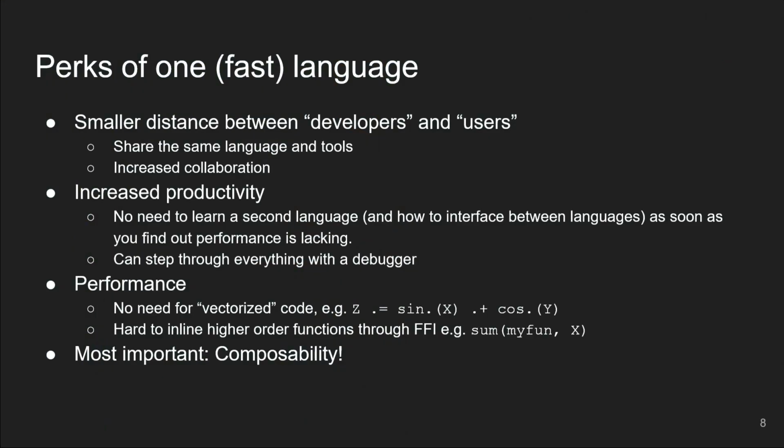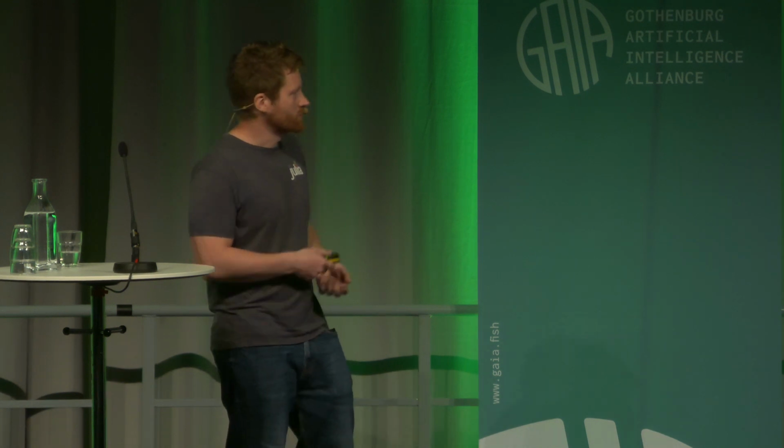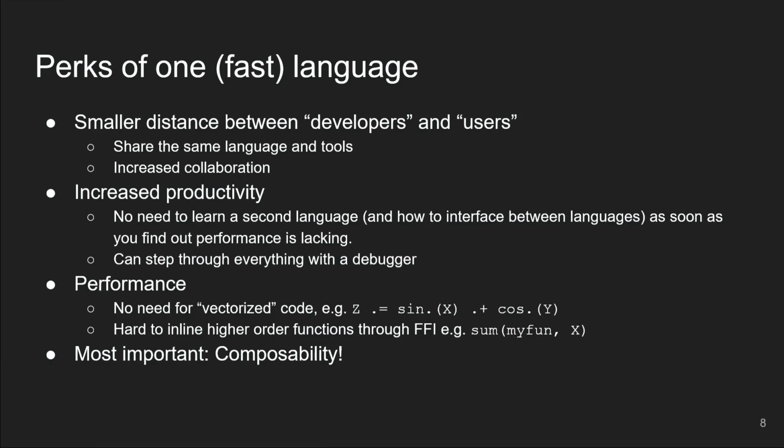Well, if you have a fast language, you don't have to do this vectorized thing. You can just write a loop with scalar code. And it's also hard to, for example, inline a higher order function through a foreign interface like that. So if you have a sum, but you want to mutate the elements in some way here, it's hard to inline this function, for example, if you have two different languages and sum is written in C.